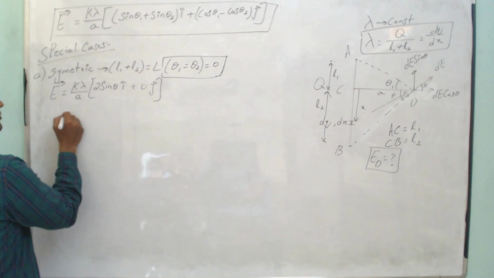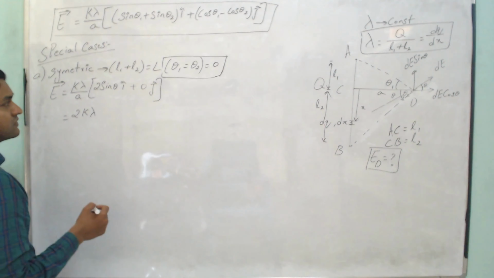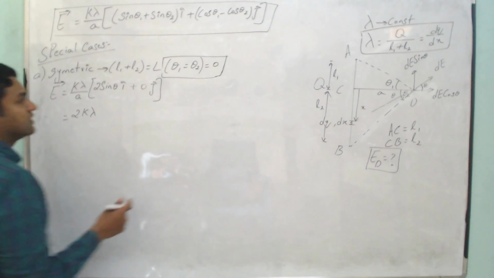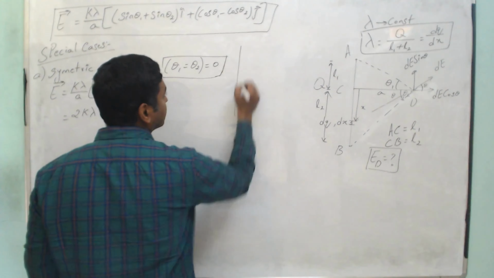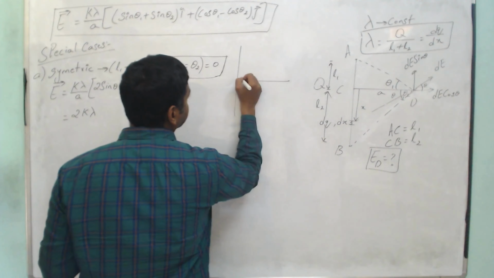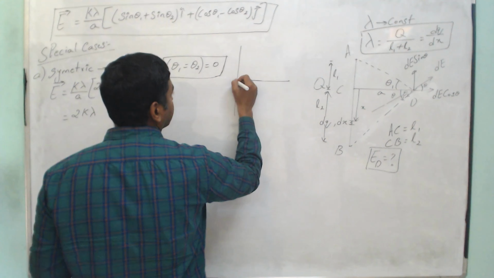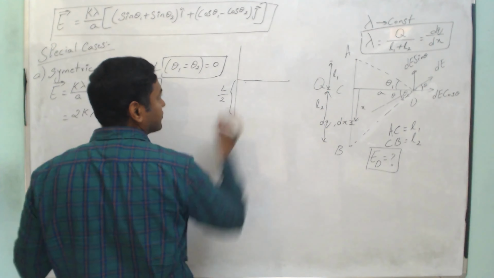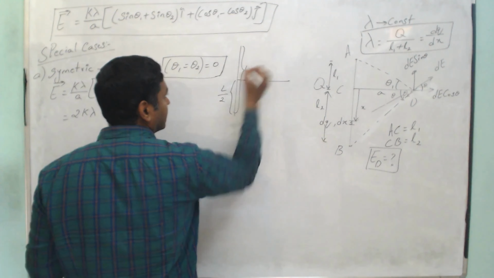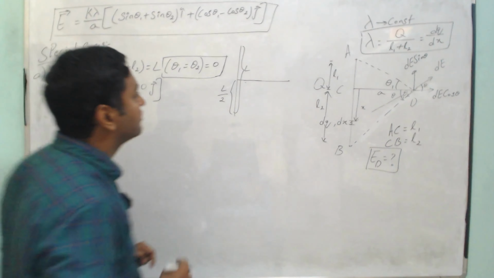So what do we have here? We have 2K lambda, right? Yes, sir. In place of sine theta, in this special case, how will the figure look like? The figure will look like this, correct? Yes, sir. This fellow is L by 2, because total length is L, and because of symmetry, we have L by 2.